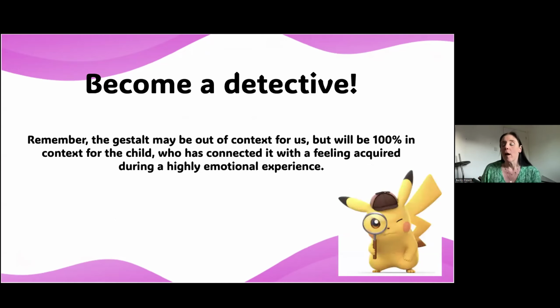As we've said before, become a detective. So remember, it might be out of context for us, but it's going to be 100% in context for the child. That child will have connected that gestalt with a feeling acquired during a highly emotional experience. It means something to them. Okay, so we need to think, right, okay, I know that's from an episode of Paw Patrol. I'm going to go back and have a look at the episode.